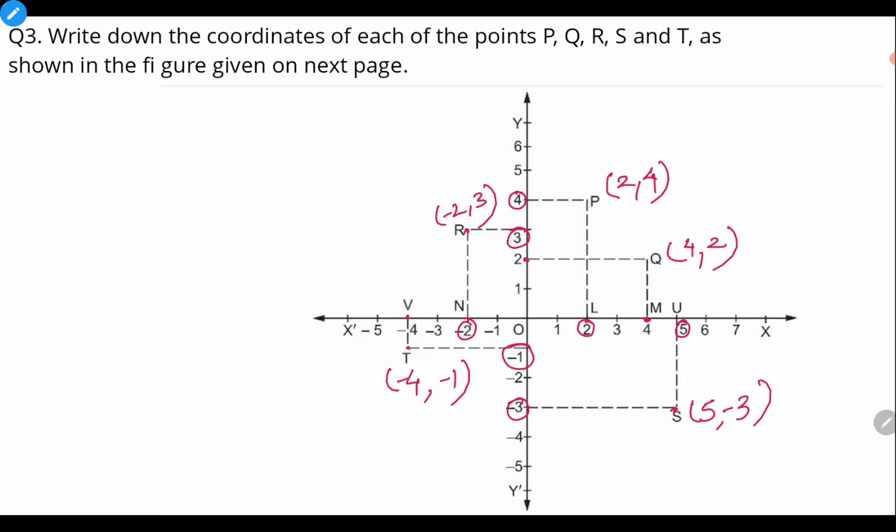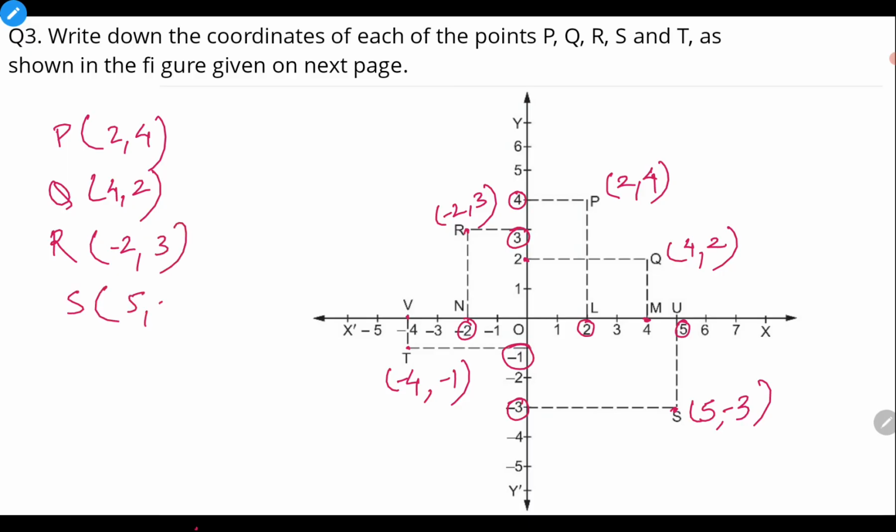So (-4, -1). So we can write P (2, 4), Q (4, 2), R (-2, 3), S (5, -3), T (-4, -1). Okay, done.